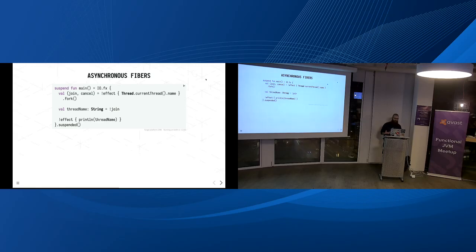This join operation, you can just use as you would regularly, and no matter how many times you join, this effect is only run once. So basically, you can see a fiber as something that runs your program or your effect on a certain context, and then it yields the result in a promise. So the fiber is never run more than once.